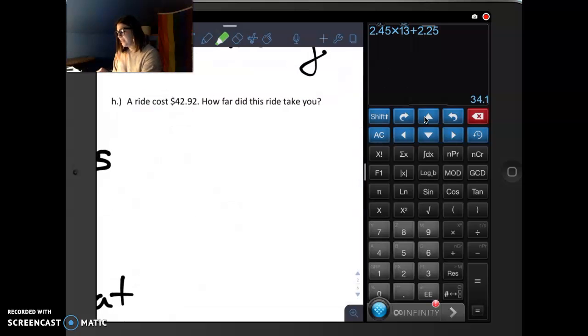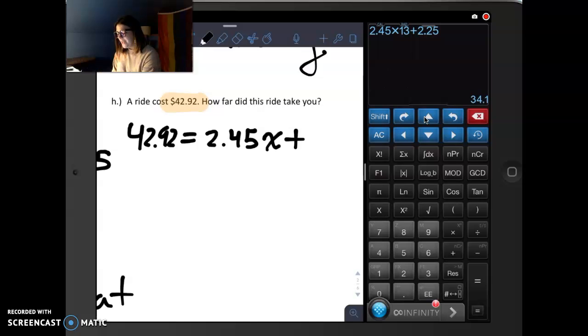It says at a cost of $42.92, how far will this ride take you? So again, this is giving you a y value, so 42.92. We know the m value is 2.45 x, and then we know the b value, sorry about that, is 2.25, and we need to solve for x.